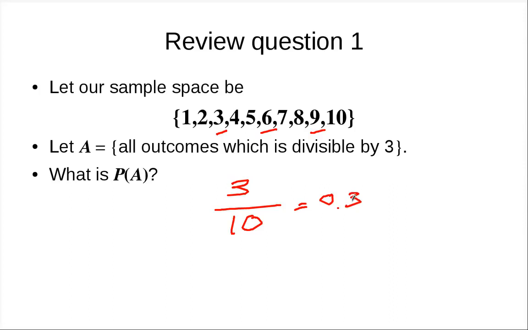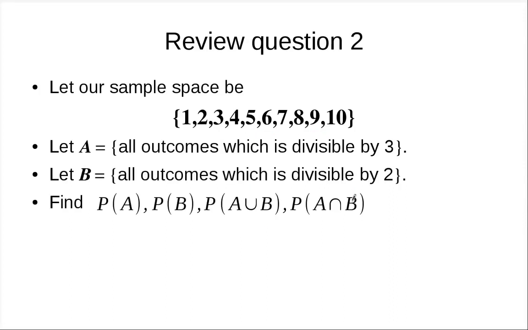So let's look at another review question. All right. So we have two events, A and B. A is the event that you get an outcome divisible by 3, and the other one, B, is divisible by 2. Okay, so what is P(A)? We have already computed that, which is 3/10.